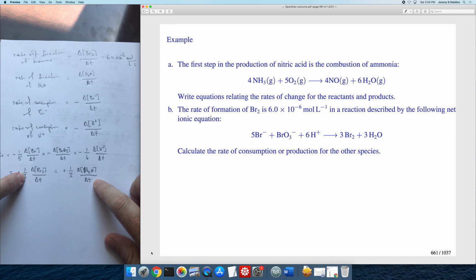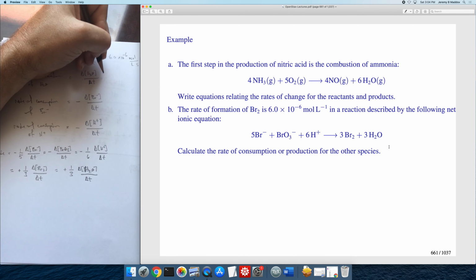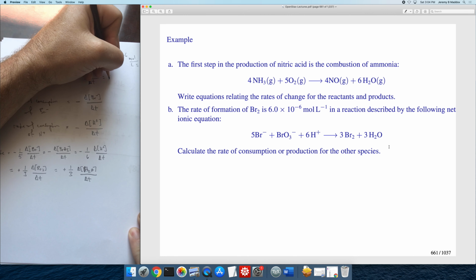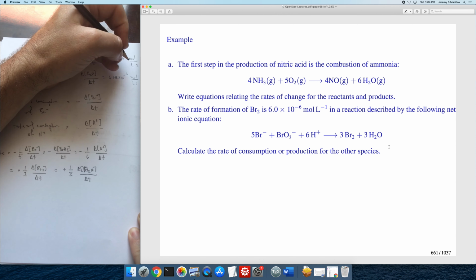You'll notice that the 1/3 cancel out. So it's telling us that the rate of production of water is equal to the rate of production of bromine, which makes perfect sense because the stoichiometric coefficients are the same. For every 3 moles of bromine you produce, you're going to produce 3 moles of water. So the answer for this one is 6.0 times 10 to the minus 6 moles per liter per second.